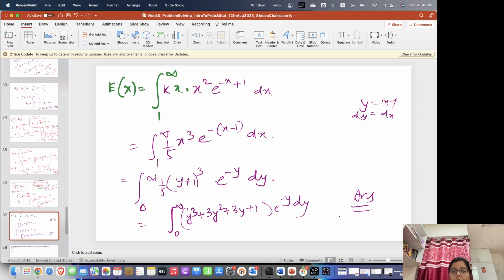You understood how to do this. This will be a little more rigorous. Like y cube e to the power minus y, we'll have a y square term, then the y square term will have also a y term, and then we'll land up at this thing. But we have to follow that integration by parts rule.